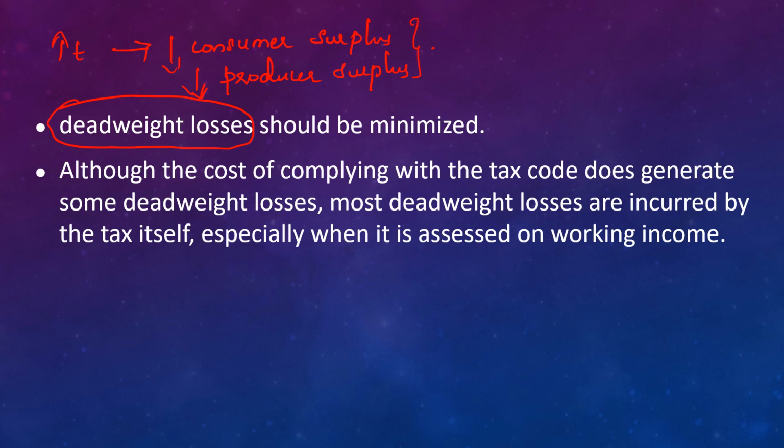These both will lead to a fall in production. Production will fall because why? Producers are producing commodities. Why would they produce more commodities? Anyway, they are getting less producer surplus. Again, why would consumers purchase more commodities? Because even if they go for the consumption of more commodities, their consumer surplus is coming down.